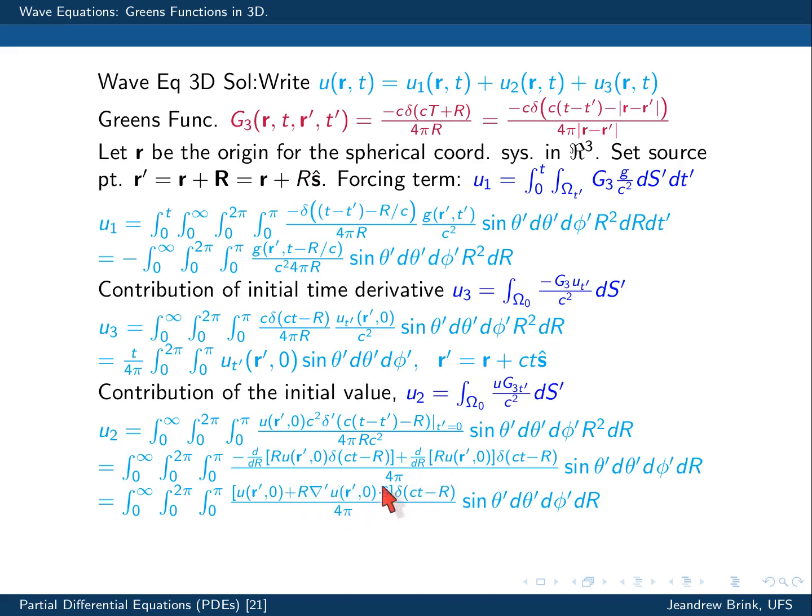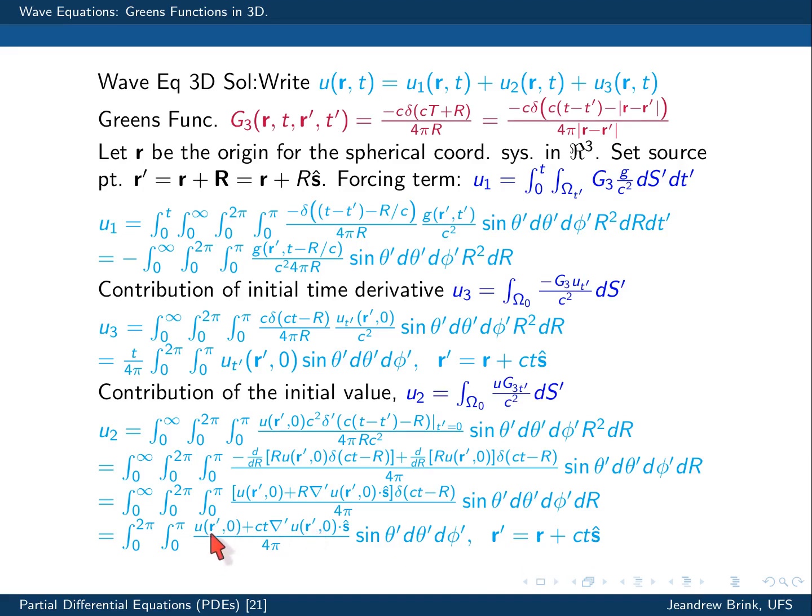So you have this expression multiplied by a delta function, which we can now evaluate. That says we only need to evaluate this whole expression at the point where r equals ct. So then we get that u2, the contribution from your initial condition, is the angular averaged value evaluated at a radius ct from the point at which you want to know the value of u.